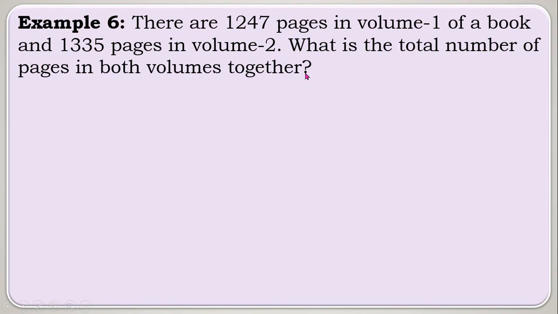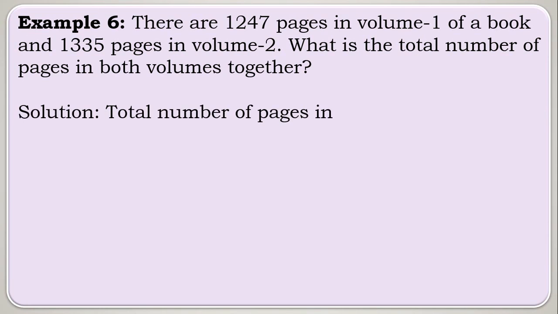So there are 2 volumes of a book, volume 1 and volume 2, and there are different number of pages in both volumes. In the first volume there are 1247 pages, and in second volume there are 1335 pages. We have to find the total number of pages in both the volumes put together.